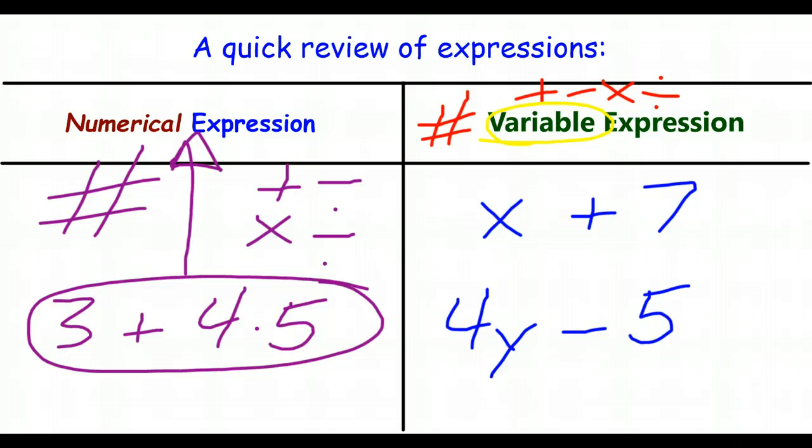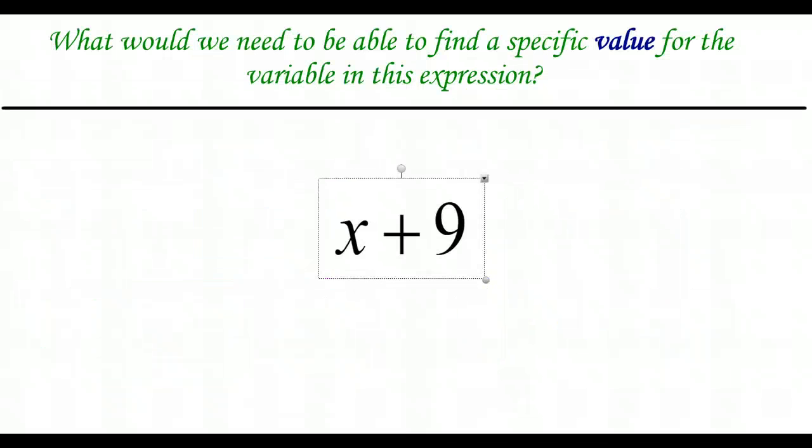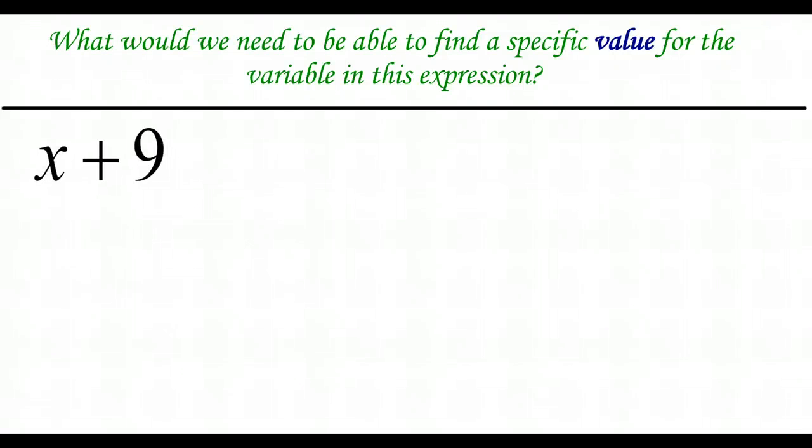And variable expressions, as we talked about, we could use to represent a number of different things. But what if what we're really after with our variable expression is a specific value for this variable? We want to know a specific value for x. Now, if we just have an expression, say in this case x plus 9, we can really use any value for x that we want. So let's take this over here.